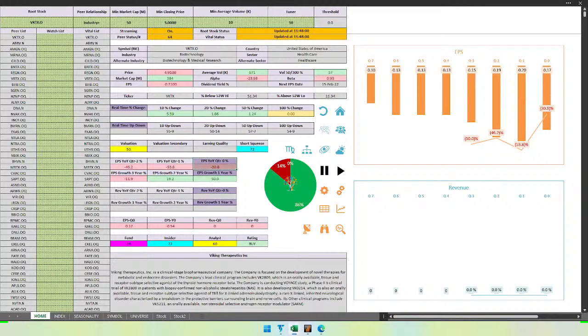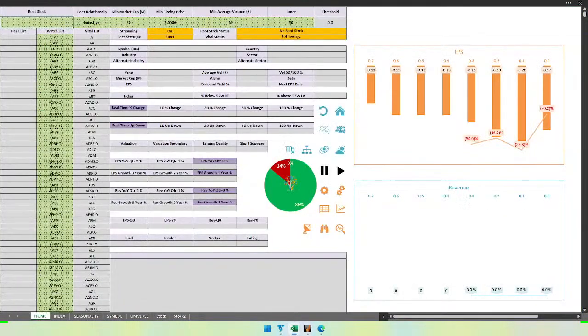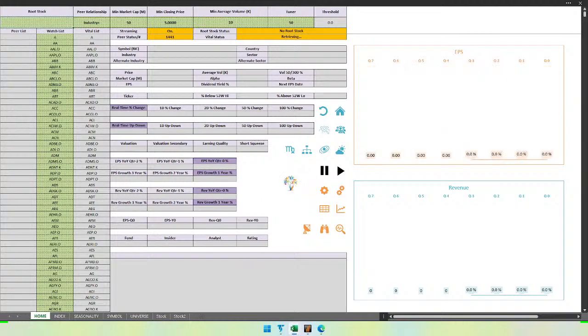I have my usual trading universe, mid and high price stocks. I want to find stocks from this universe belonging to those strongest industries in those two strongest sectors.